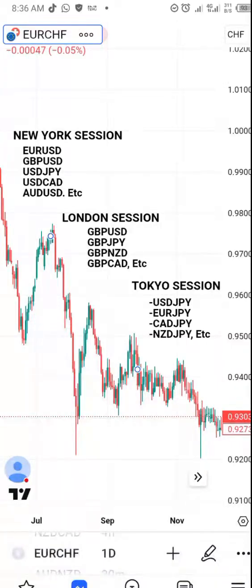Now, it is not by just taking a trade. You just see one candle running up and you take a trade, or you see a candle running down. No. When it comes to trading, you need to be very, very sure that you have seen some factors that tell you this market is going in your direction.